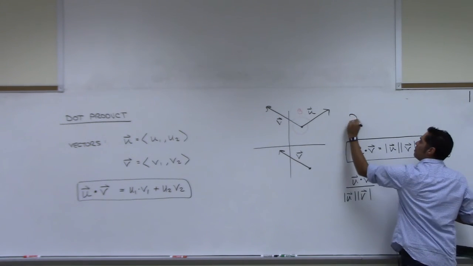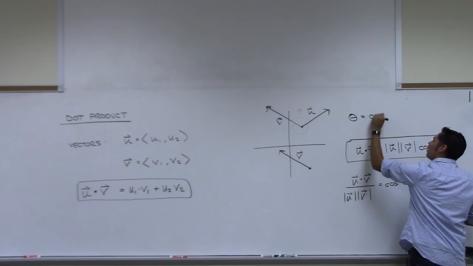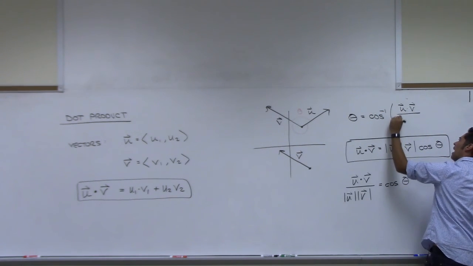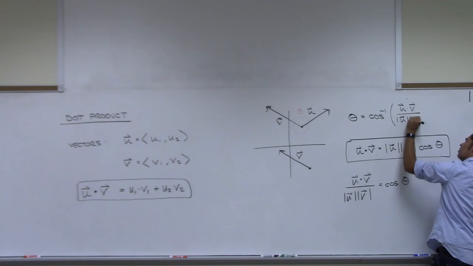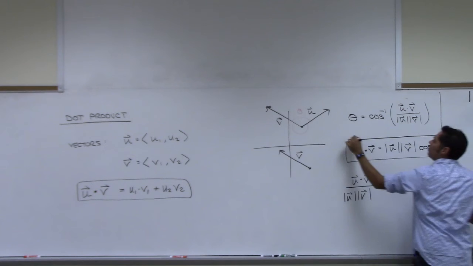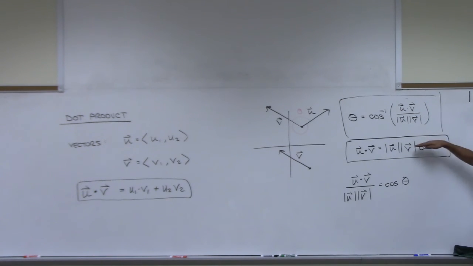And I'm going to write it backwards. I'm going to write theta equals arc cosine of u dot v over magnitude of u times magnitude of v, like that. That's our third formula. It really is just this formula written again a different way, but if you want to look at it as two different formulas, you can.